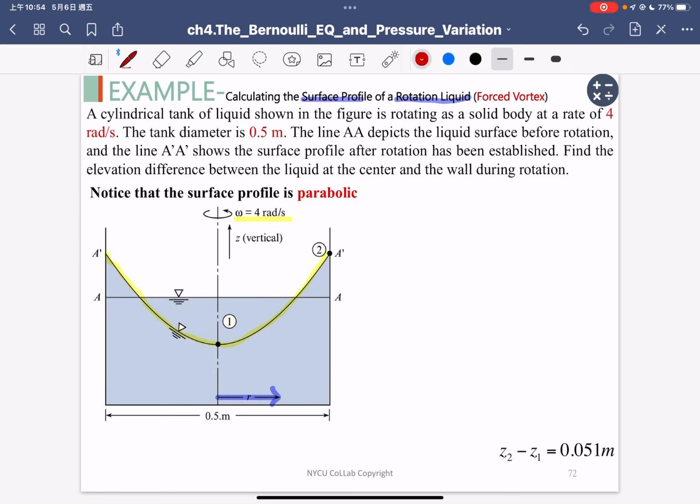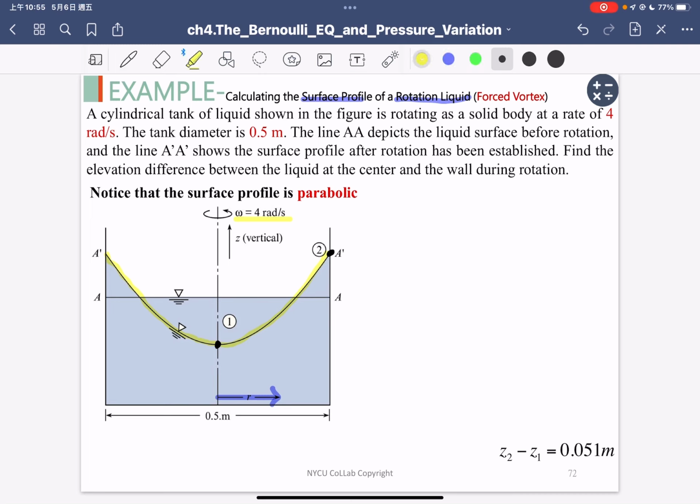So we pick two points, point 1 and point 2, and we can calculate the elevation difference.